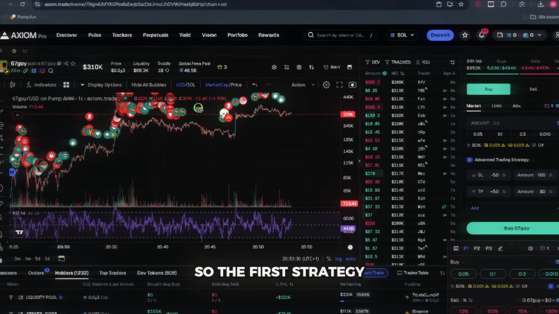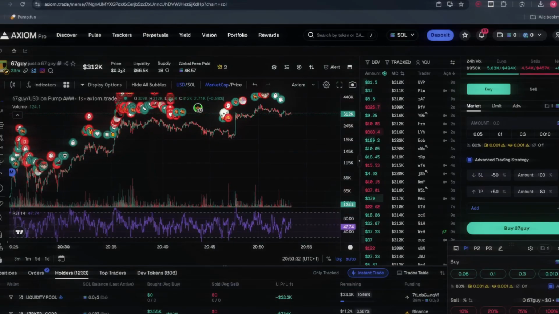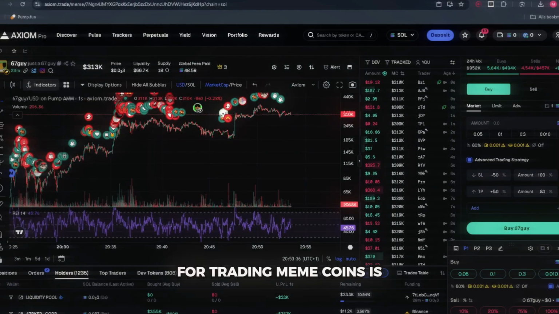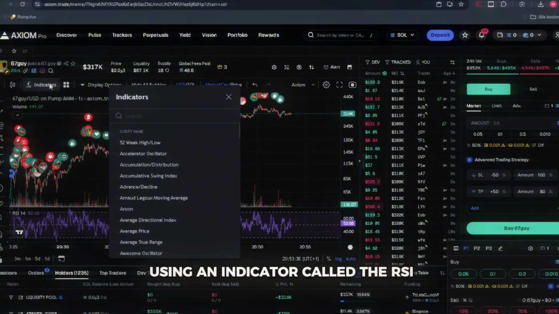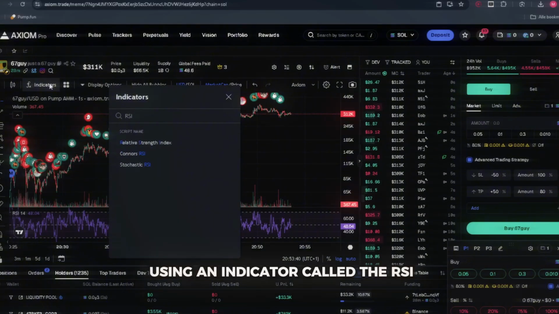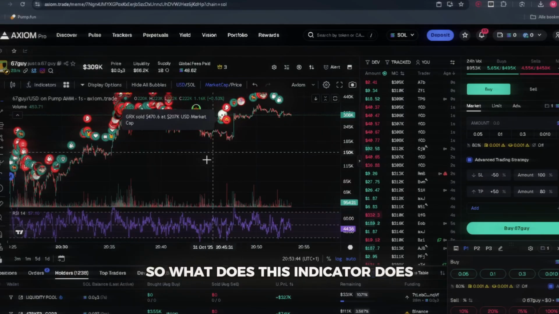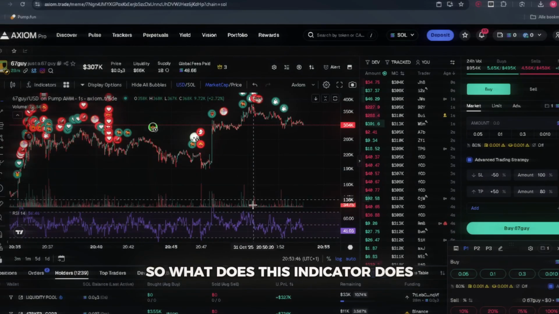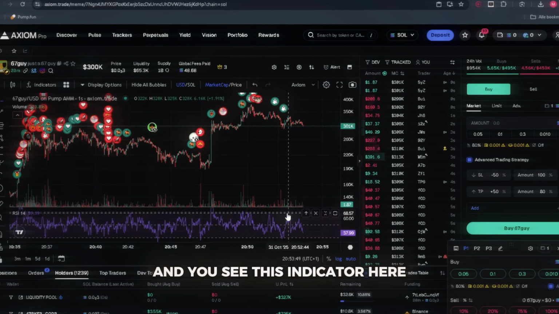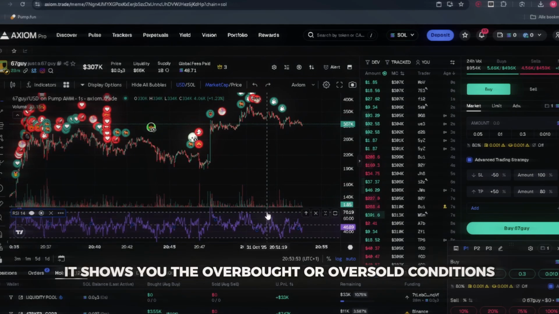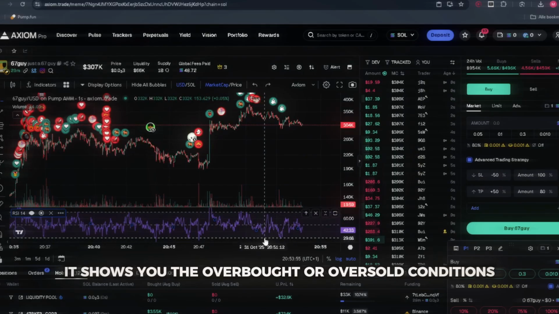So the first strategy for trading meme coins is using an indicator called the RSI, which stands for Relative Strength Index. What this indicator does, and you see this indicator here, is it shows you the overbought or oversold conditions.